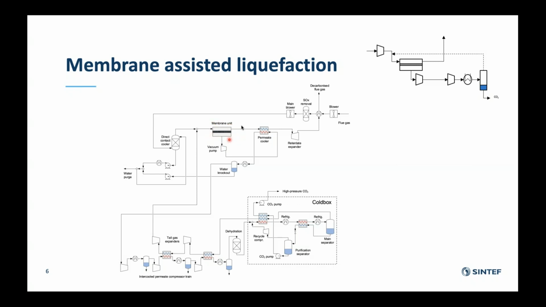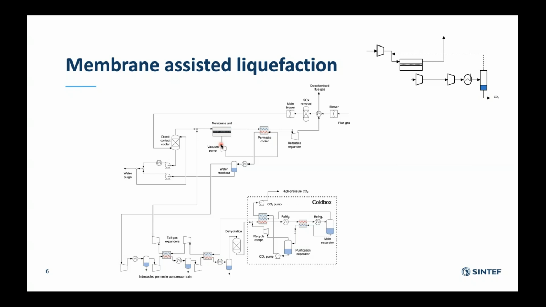You have approximately 85 to 92% separation of CO2 here. Then the retentate is heated up, expanded and sent to the stack.